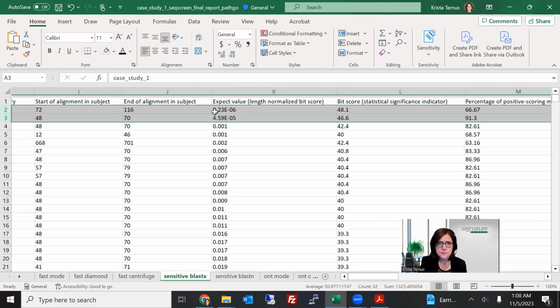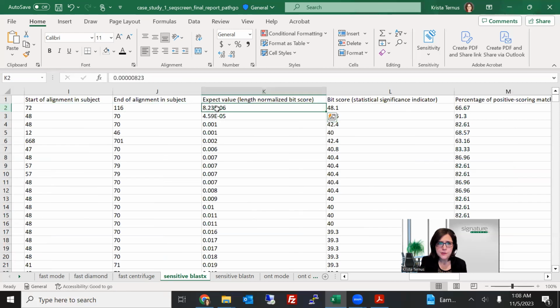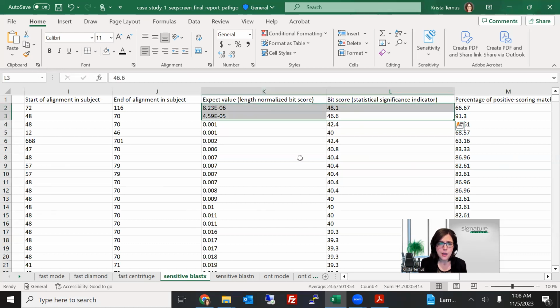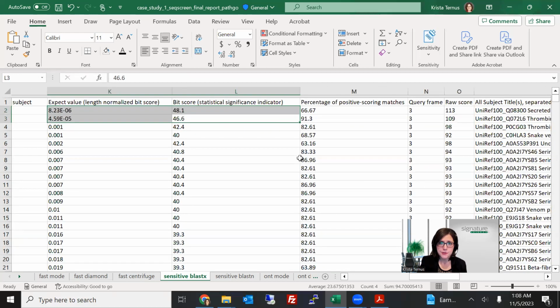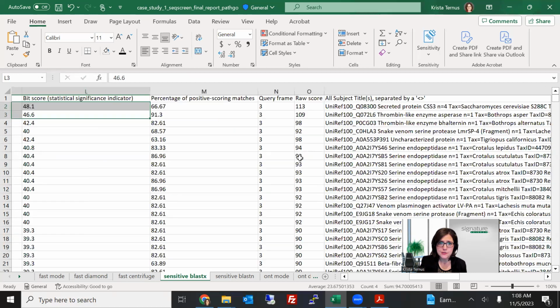The expected value, or E value, looks pretty comparable between these two. The bit scores look pretty comparable. So as far as strength of the hit, these first two rows look like they're about the same strength. Some differences, but both would be worth paying attention to when we're trying to figure out what's going on here as I glance through this.